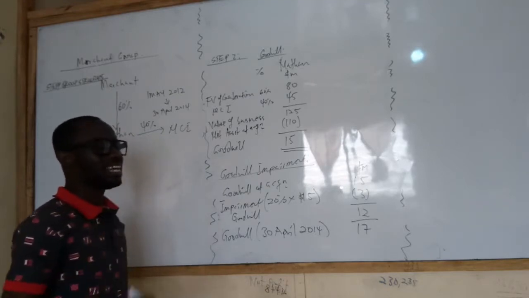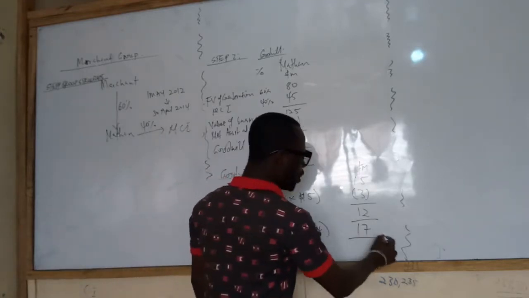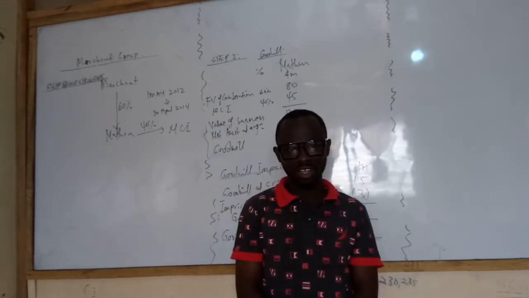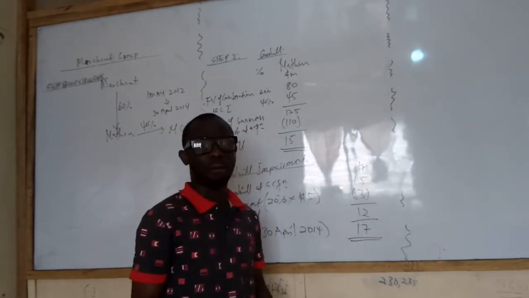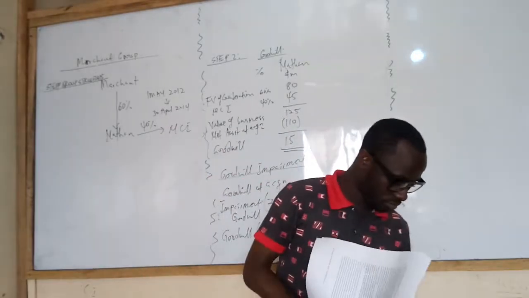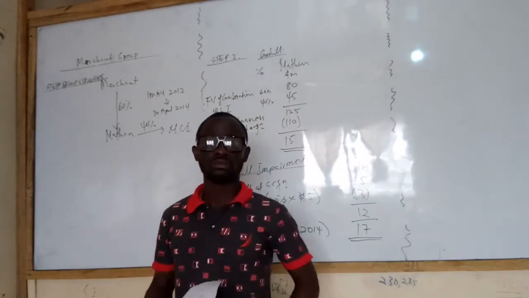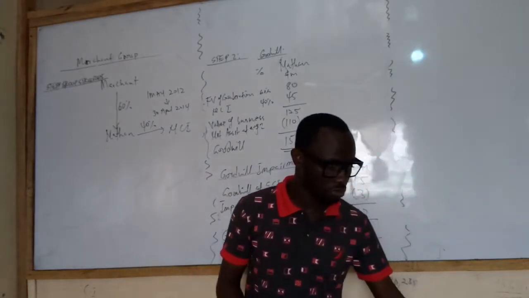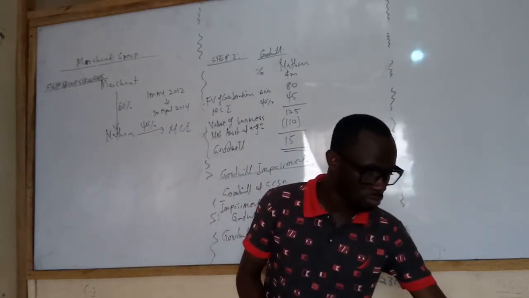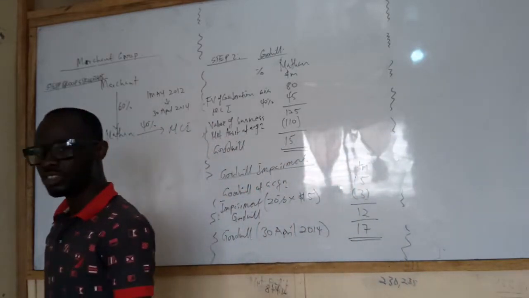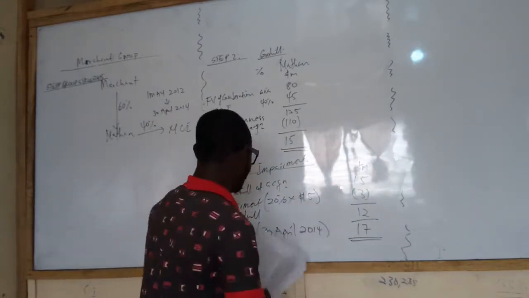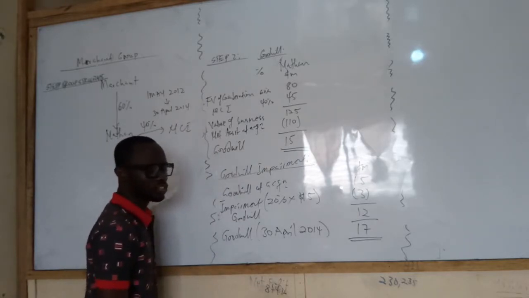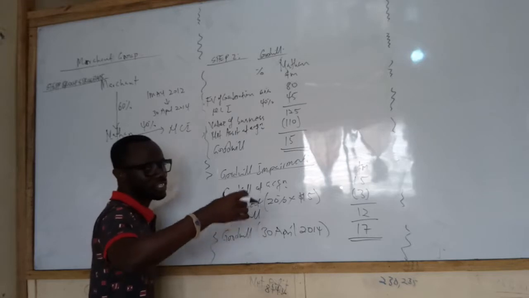So they have valued it 2 million above, which is 17 million. But listen, have you heard goodwill being revalued upward before? What do you think will cause the company to make this decision? It means that this is as a result of internally generated goodwill.